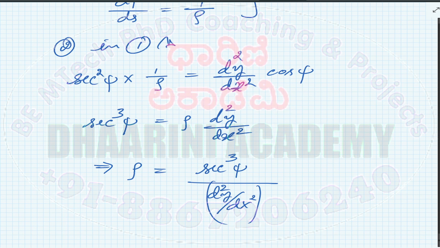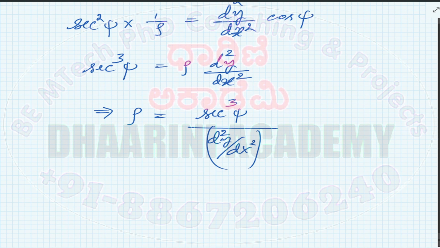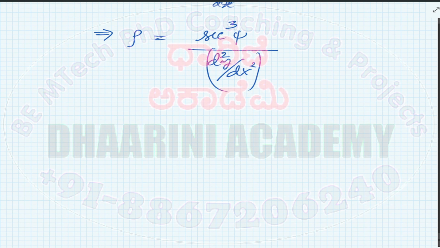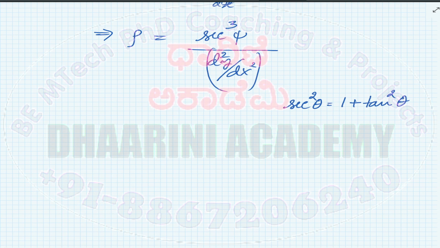But now what I do, I try to modify this, right? Because I don't know the psi and I don't want to keep calculating the psi each time I want to calculate the rho value. So for that reason, I use a trigonometric identity. That is secant square theta is equal to 1 plus tan square theta.